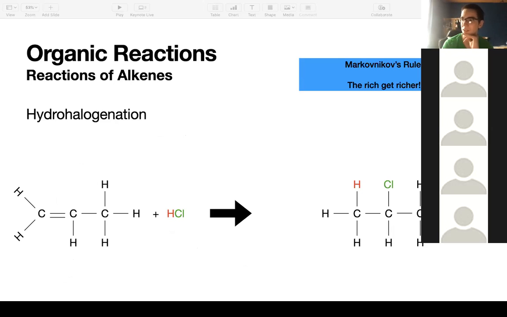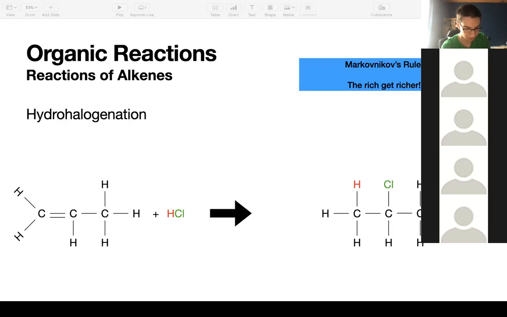You may be thinking to yourself, why is it H on this side and Cl on the right side? Can't it also be Cl on this side and H on this side? The answer is no. The reason it has to come out this way is because of Markovnikov's rule, which is defined on page 72.